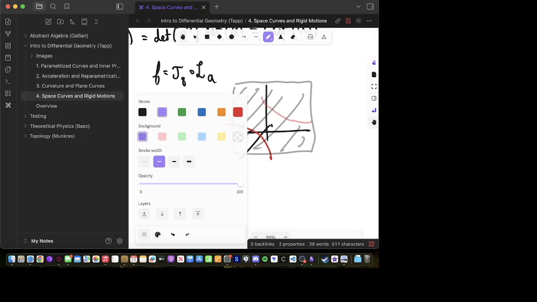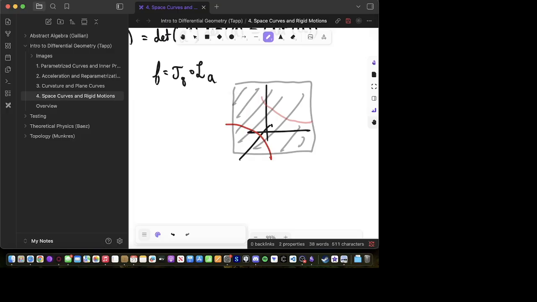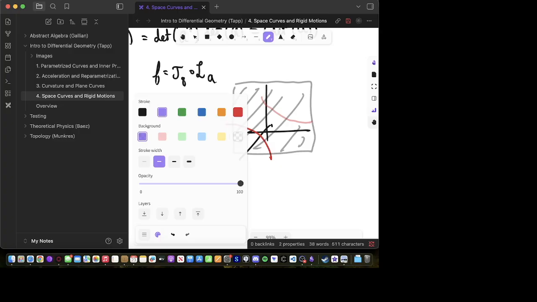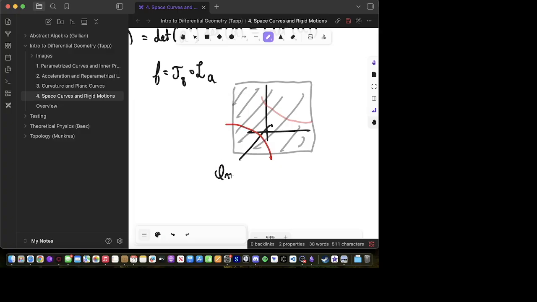So if we have a reflection across a plane, that is an improper rigid motion. And the reason why is because you cannot turn this into that physically.